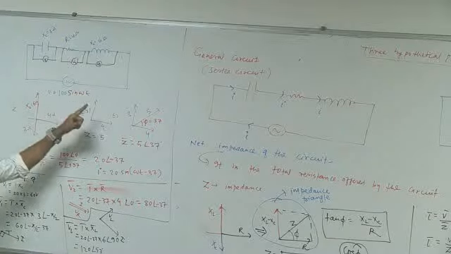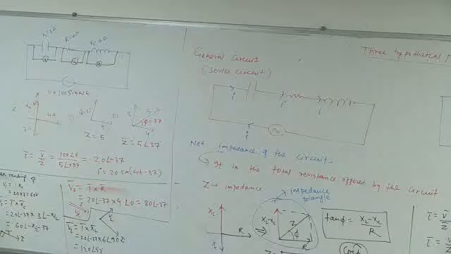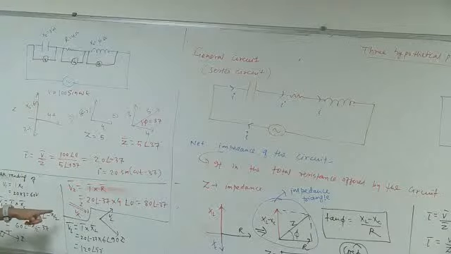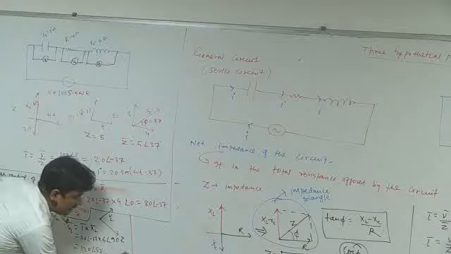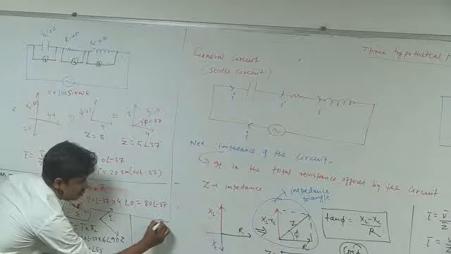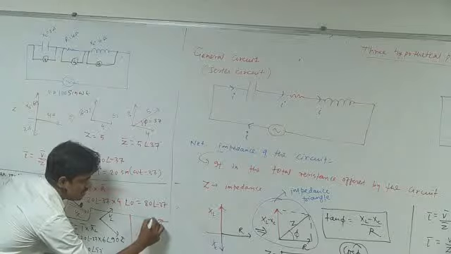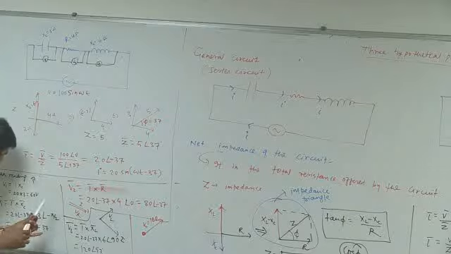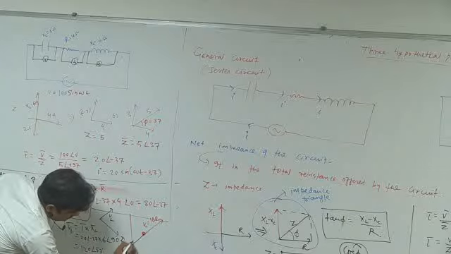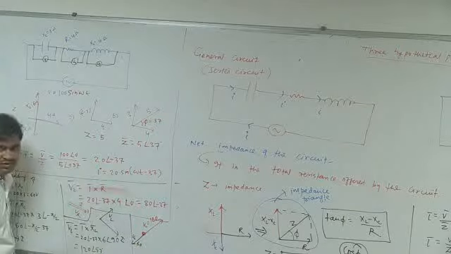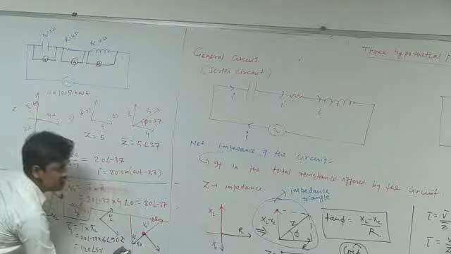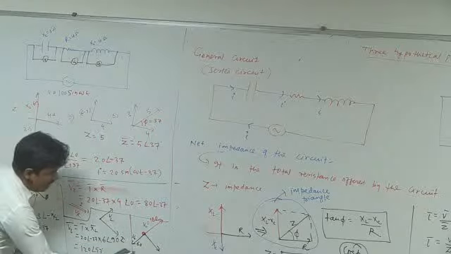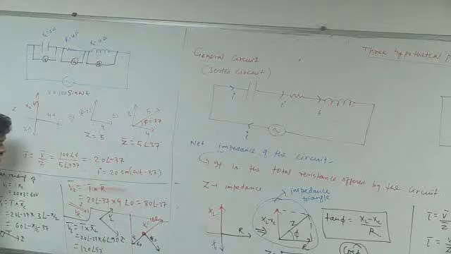And why can I not add them this way? Anybody, can you tell me? Because sir, their directions are different. So how will we add them to get 100? Proper vector sum. This is VL, how much? 120. This is VC, 60. And this is the resistance, VR, how much? 80.